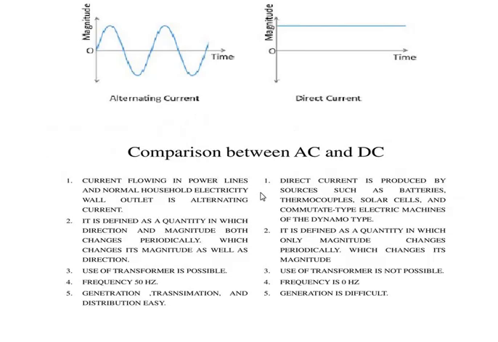So in this we can see the comparison between AC and DC. Here are two diagrams or waveforms of alternating current and direct current versus magnitude and time. Okay, so the first point is current flowing in power lines and normal household electricity is alternating current.